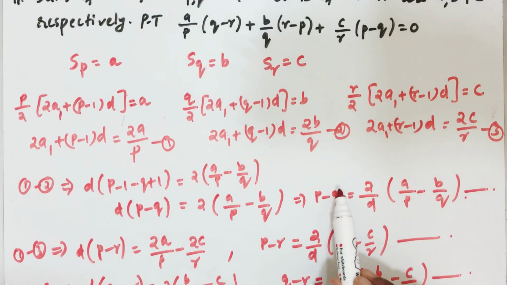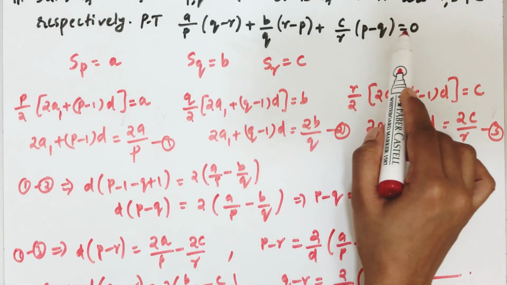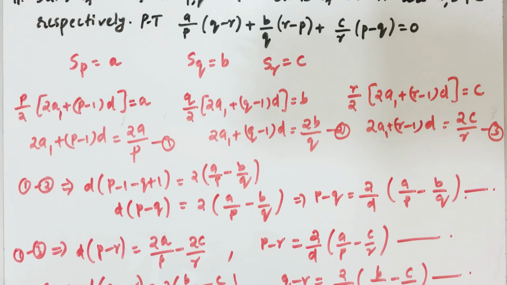Now substitute this P minus Q, P minus R and Q minus R in this equation, then it will become 0. See.